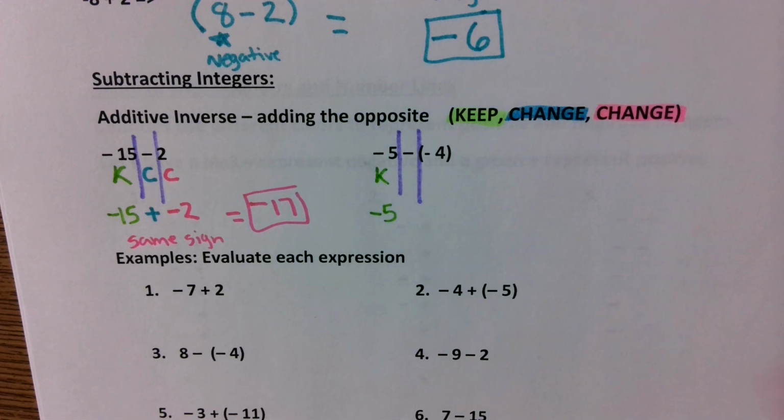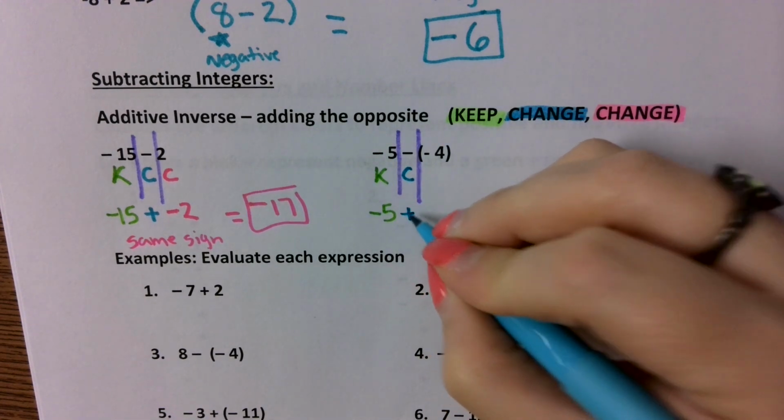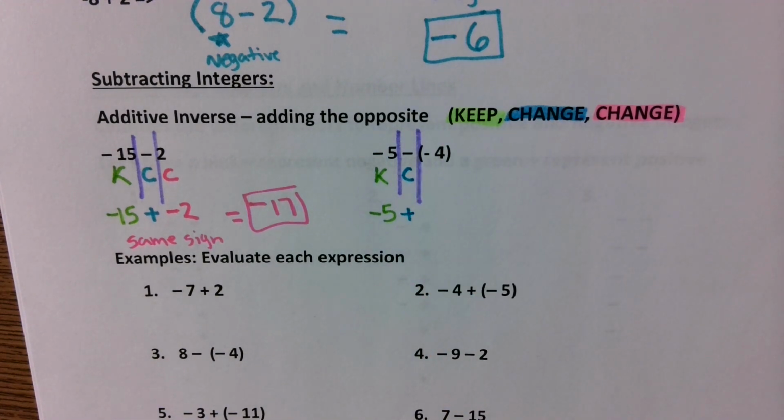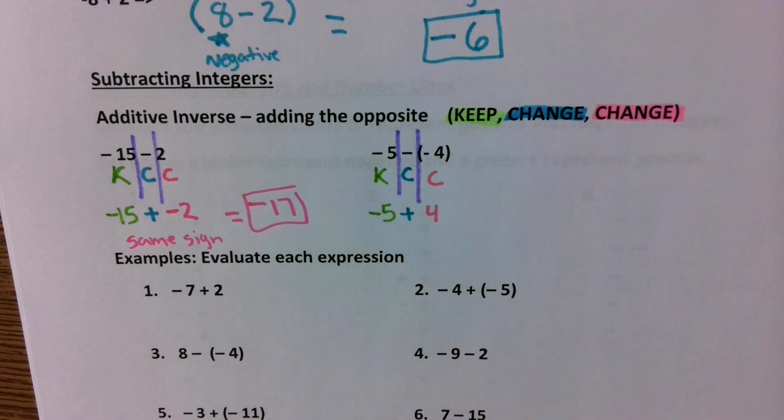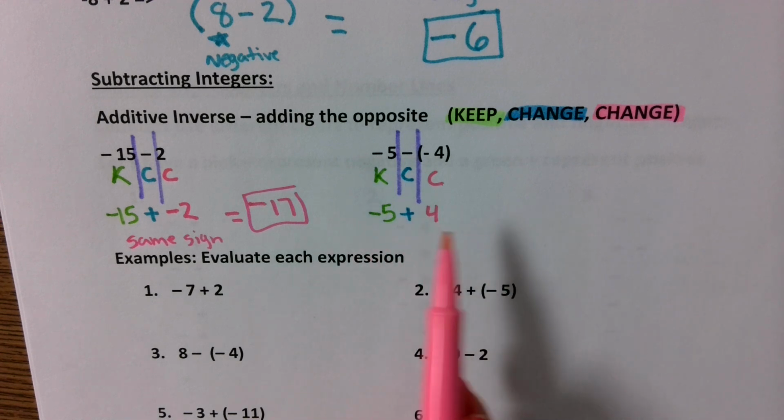We're going to change subtraction into addition. We're going to change negative 4 into what? Positive 4. So now we have negative 5 plus 4.